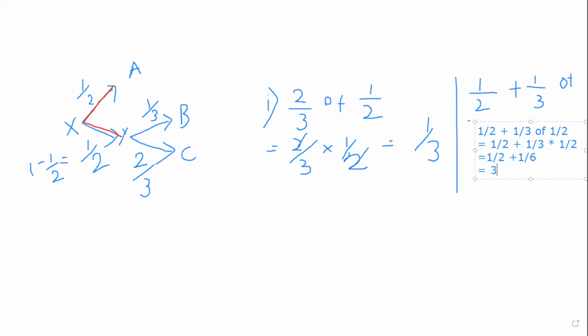So 3 plus 1/6. So that is equal to 4/6. That is equal to 2/3. Right? So that is the portion obtained by both A and B.